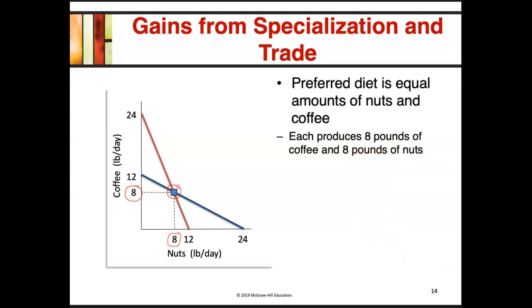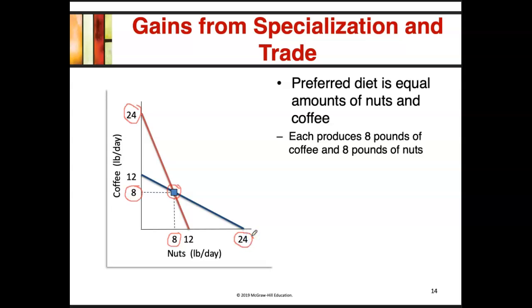But we know that Claire has a comparative advantage in producing coffee and Nathan has a comparative advantage in producing nuts. So we're going to show that specializing in whatever you're good at producing makes you better off. We should assume that Claire produces only coffee and Nathan produces only nuts.